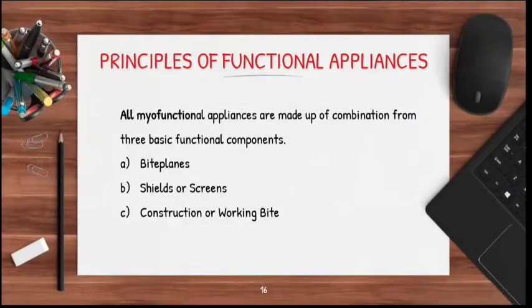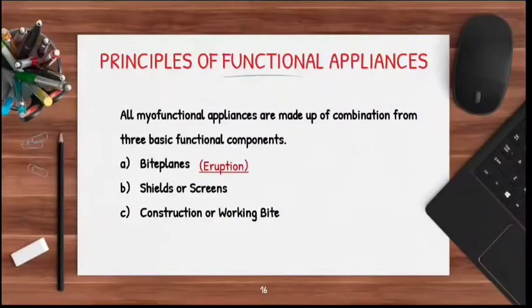All myofunctional appliances are made from a combination of three basic functional components. Those are bite planes, shields or screens, and construction bite or working bite. These components produce skeletal and dentoalveolar changes.